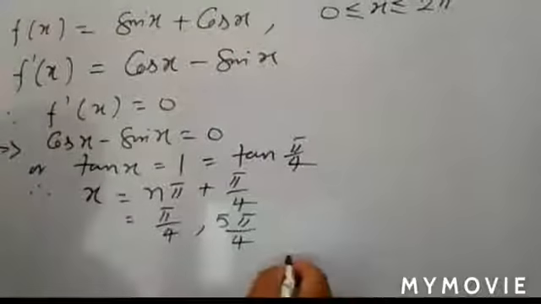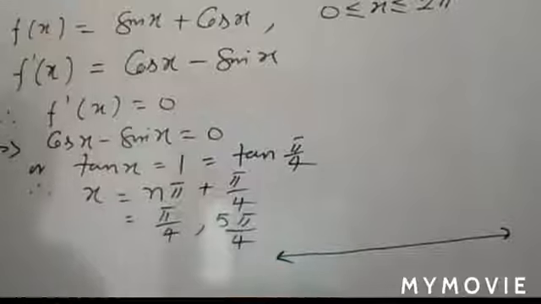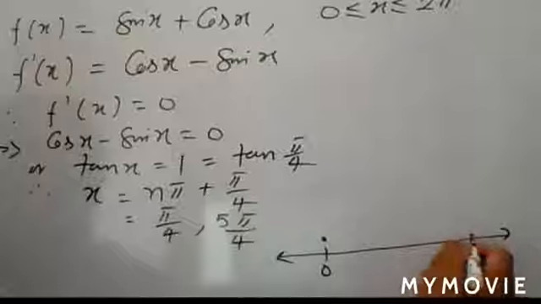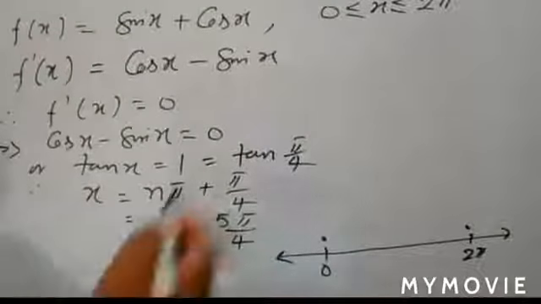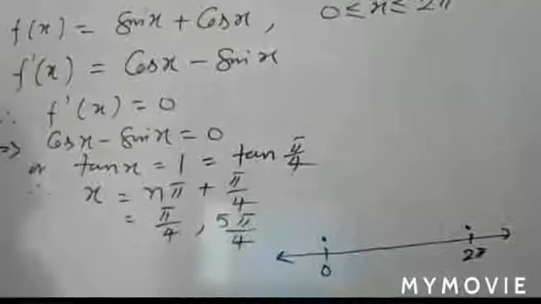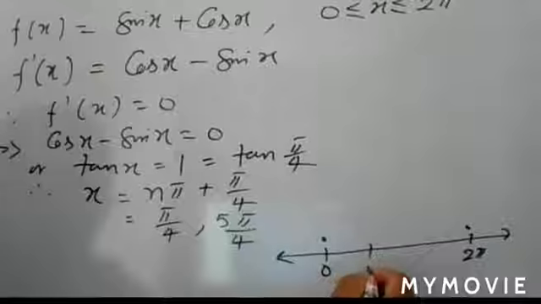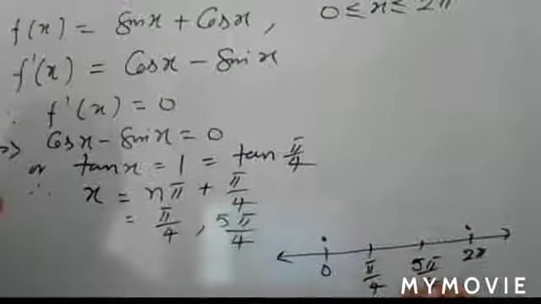Okay, so now you take all those points on the number line. Suppose here you have the point 0 and here you have 2 pi, since x is greater than or equal to 0 and less than or equal to 2 pi, and in between them you have pi by 4 and 5 pi by 4.